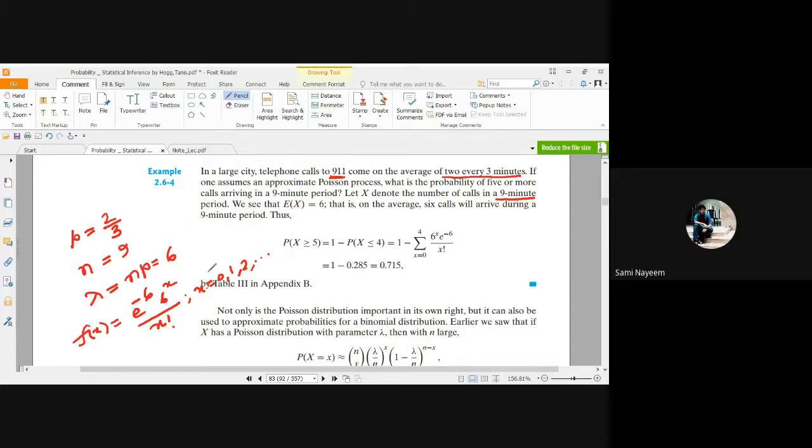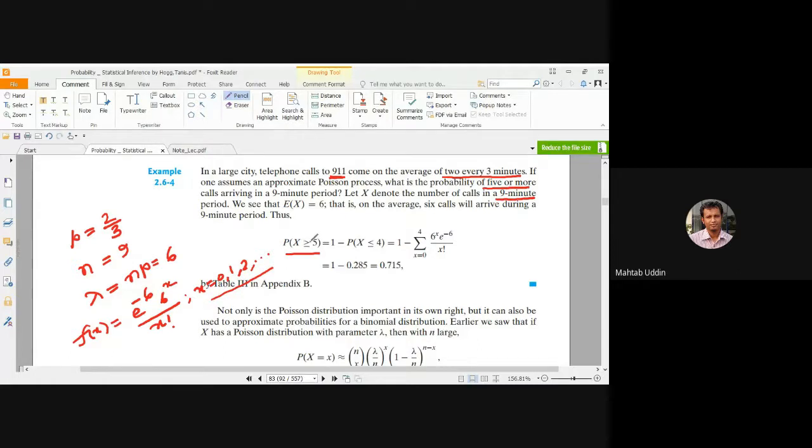Yes, sir. What did they ask? They said, what is the probability of 5 or more calls? So 5 or more calls means what? X greater than or equal to 5. Now x's minimum value is 0, and the maximum value is unknown.